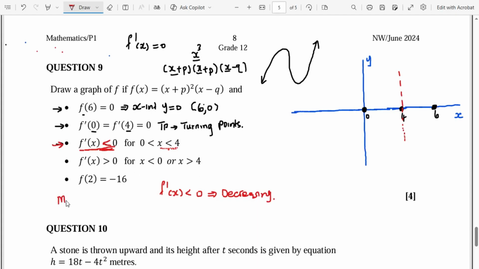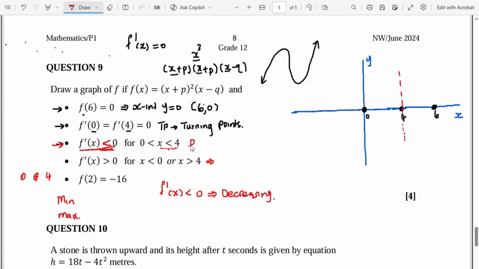I need to understand what is my minimum and what is my max. If you look at this, we have 0 and 4. We're going to say it is decreasing in this interval.